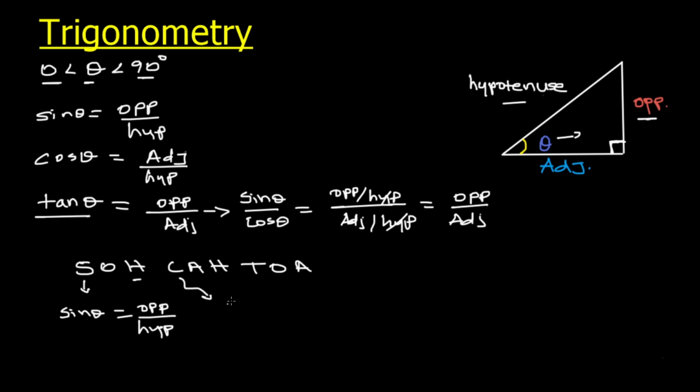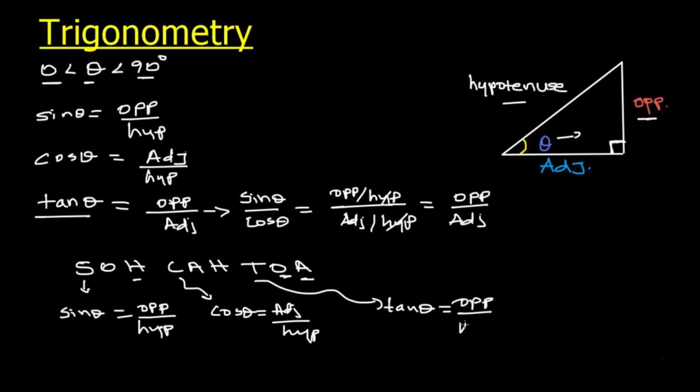Also, CAH stands for cosine theta, which equals the adjacent side divided by hypotenuse. And then finally, TOA stands for tan theta equals O, the opposite side, divided by A, which is the adjacent.